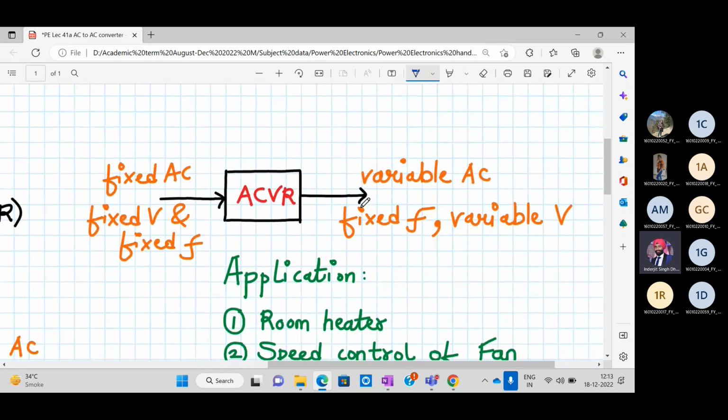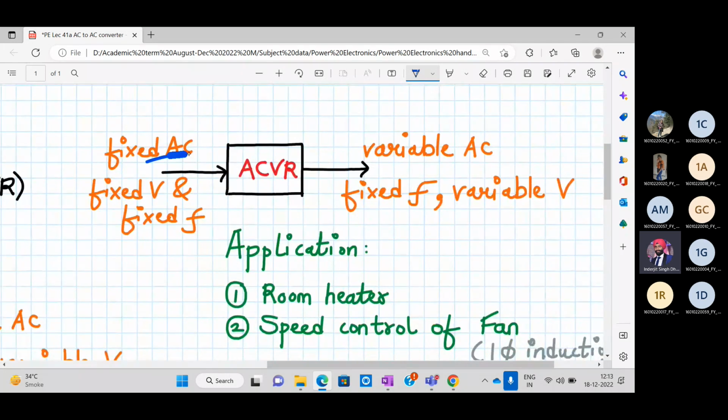In case of AC voltage regulator, for an AC signal we have a fixed amplitude and a fixed frequency. But in case of AC voltage regulator, the output will be variable.